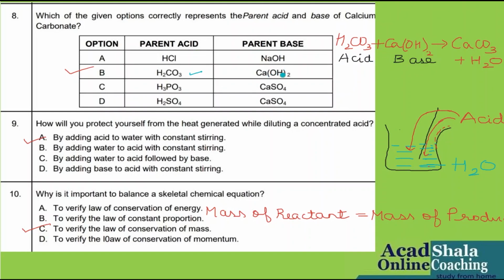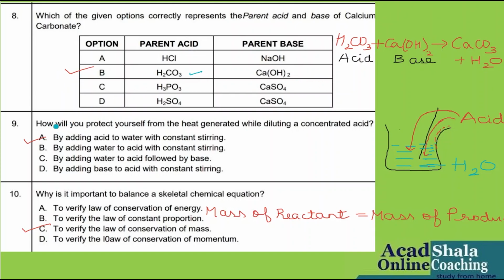So the parent acid and parent base option will be B, that is hydrogen carbonate and calcium hydroxide. But it should strike in your mind in the beginning that if the product is calcium carbonate, something in the reactant should be related to carbonate. So out of the four, this striking idea should be in your mind: oh, this can be it. Then you confirm how it can be, you do the equation, you are satisfied, and then you choose the correct option B.